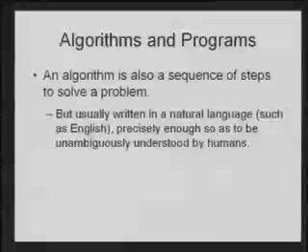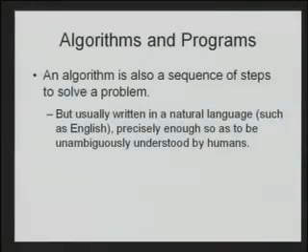As I said, a program is the sequence of instructions that we supply to the computer in order to solve our problem at hand. There is a related term called an algorithm, which is similar to a program but different in certain details. So an algorithm is also a sequence of steps to solve a problem, but it's usually written in a natural language such as English and written precisely enough so as to be unambiguously understood by humans.